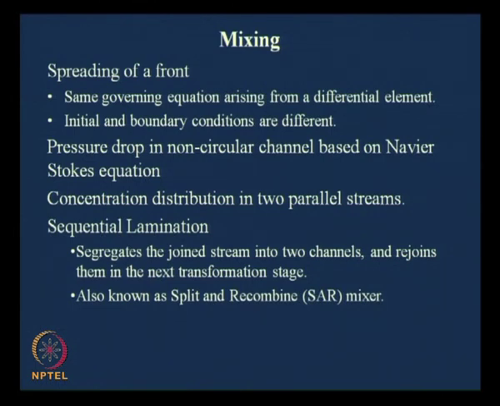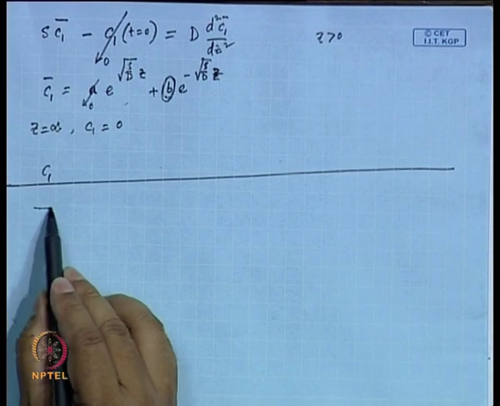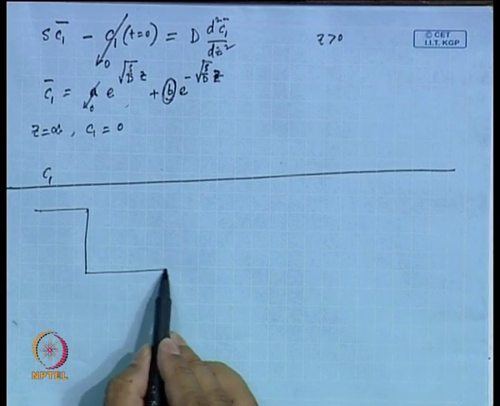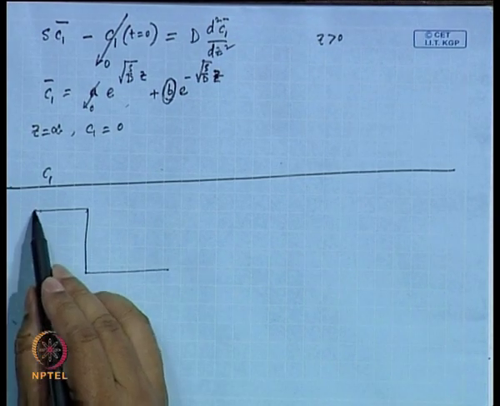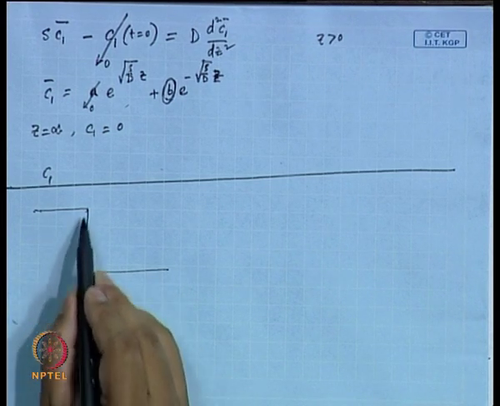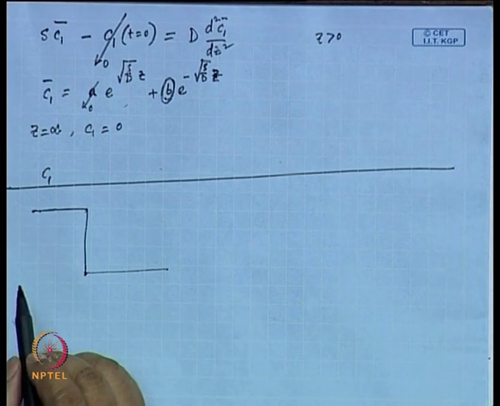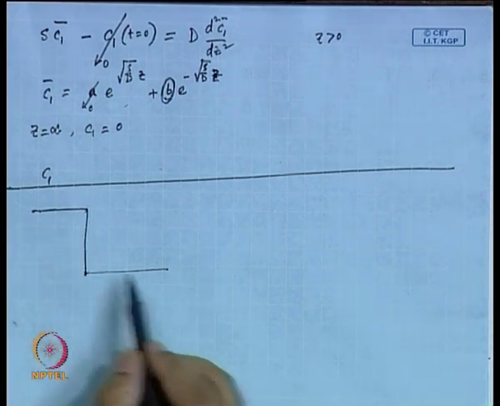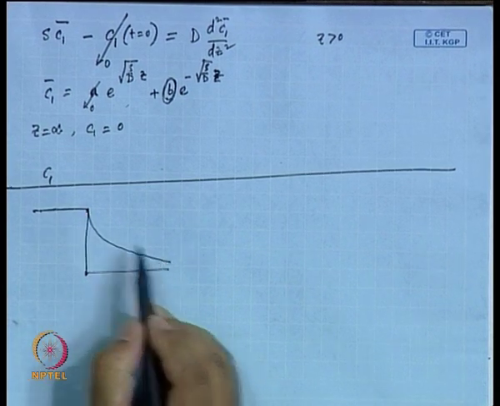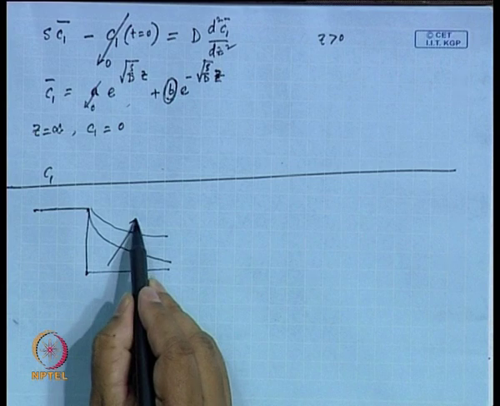What that means is, suppose I have a front, that means I have a concentration here and a 0 concentration here. From this point onwards the concentration is 0, and from this point onwards the concentration is a finite value, and now with time how the concentration changes here. It would be somewhere like this, somewhere like this. So with time the concentration will change, right.